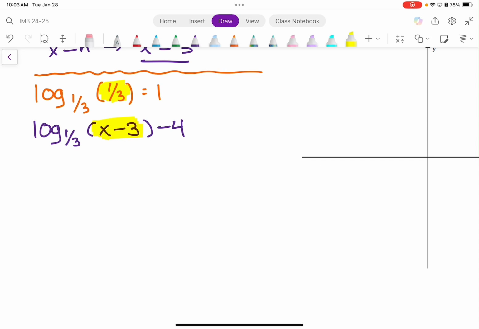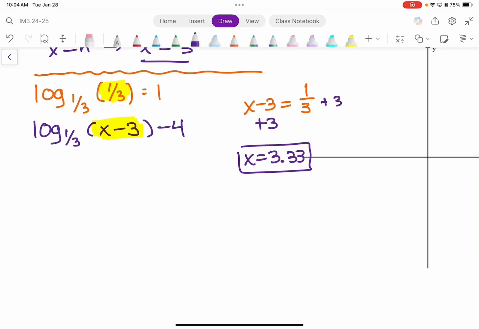We want x minus 3 to equal 1/3. So we're going to set them equal to each other. Set x minus 3 equal to 1/3. This is a one-step equation. This is stuff that you guys did in like 6th grade, 7th grade. How do you get x by itself? Plus 3 on both sides. So we get x equals 3 1/3 or 3.33. So that's your x coordinate.